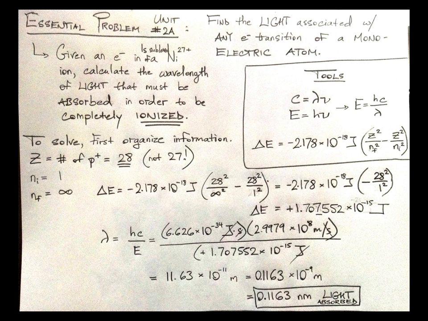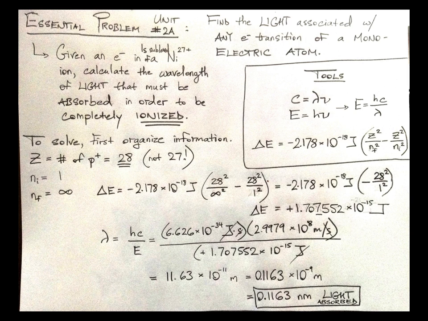Simplifying this, due to what we have already discussed in class, that the limit as any number divided by undefined approaches infinity is equal to 0, we can simplify this to negative 2.178 times 10 to the negative 18 joules times negative 28 squared divided by 1 squared, which gives us a positive value of 1.707 times 10 to the negative 15th joules.